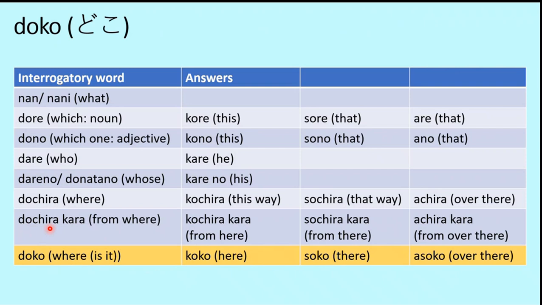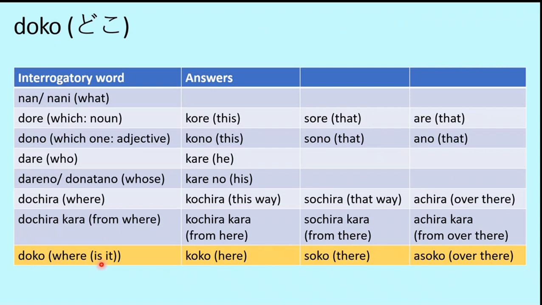So we have kept dochira away from today's lesson. We will discuss only doko, and in one of the previous lessons we have learned just a single application of dochira, and in the next lesson we will discuss dochira in more detail. So today we will just go with doko.